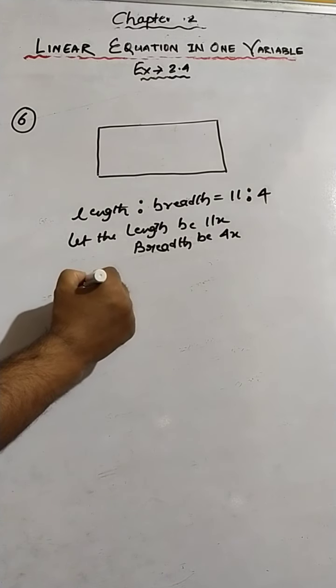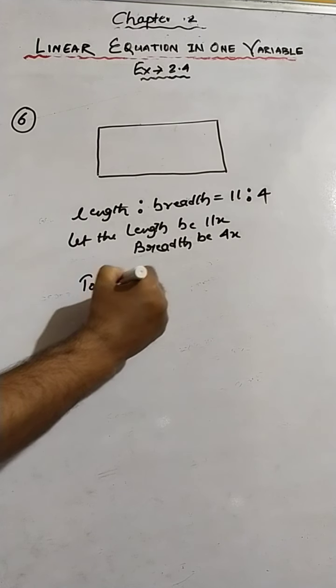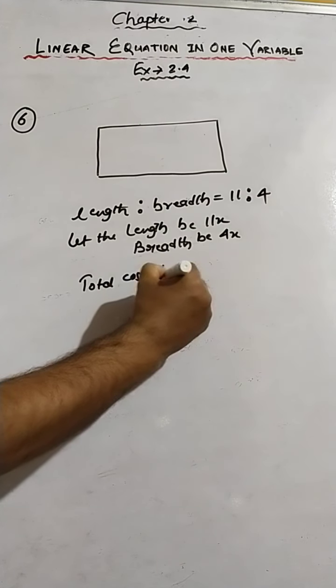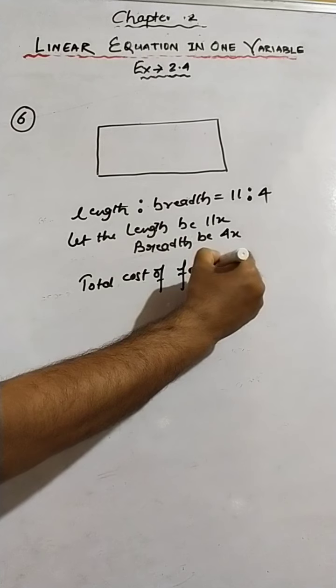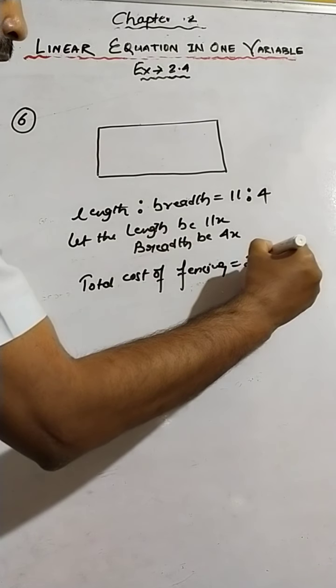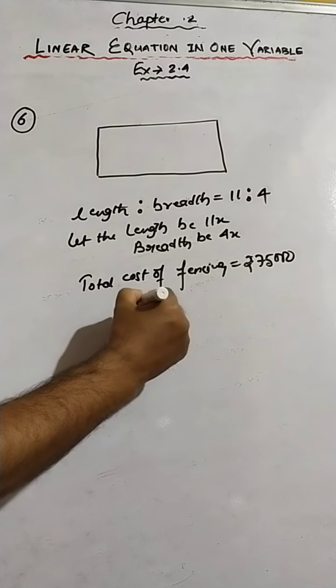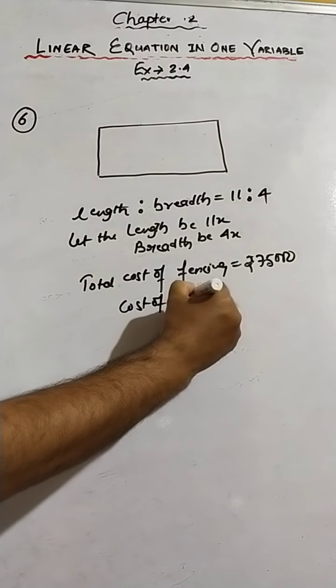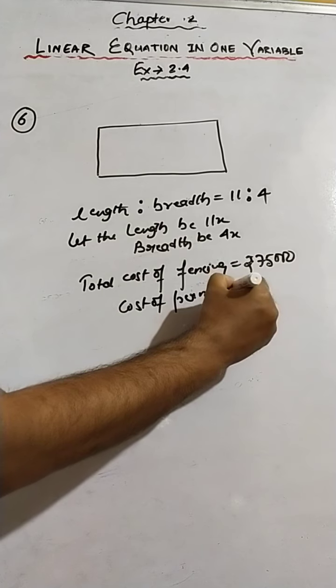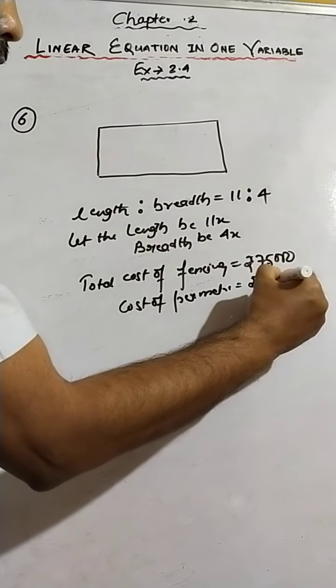So we'll write this: total cost of fencing would be what? 75,000. And what is the cost of per meter? Cost of per meter is given rupees 100.